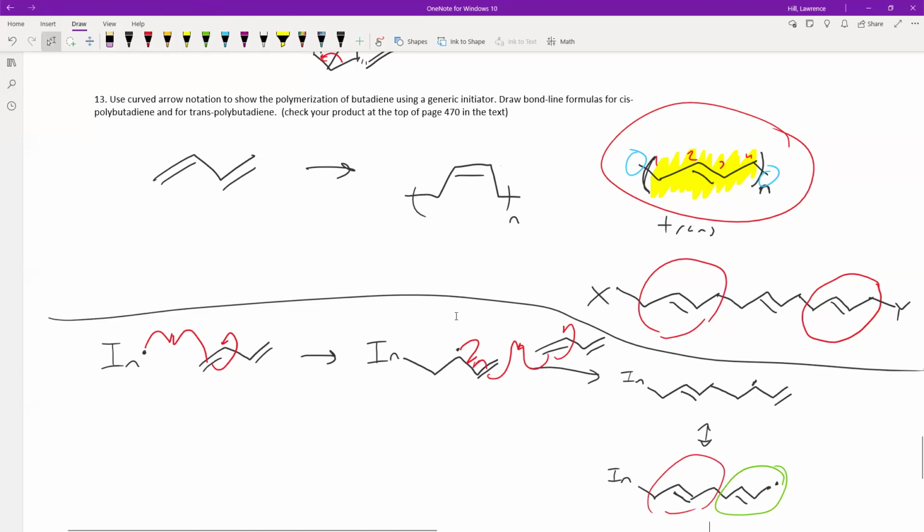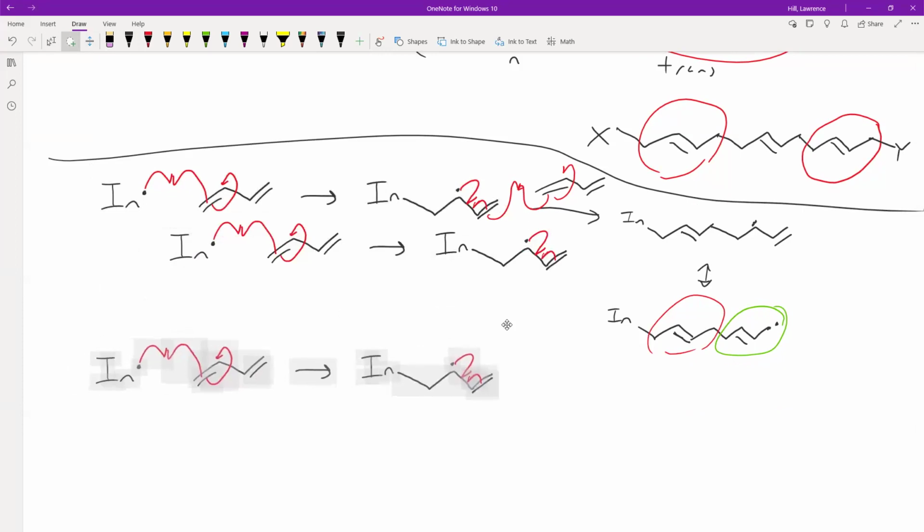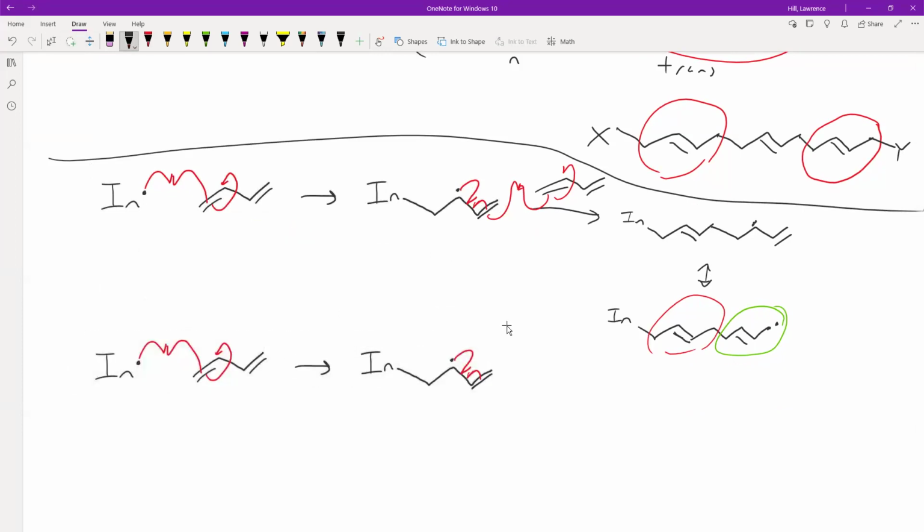To form the cis product, you just show this molecule in the cis conformation, or you can show the resonance structure that puts the double bond in the middle and show that as an intermediate. So what I'm saying here is to form the S-cis product, or rather the cis polybutadiene, then we could have the same first step.